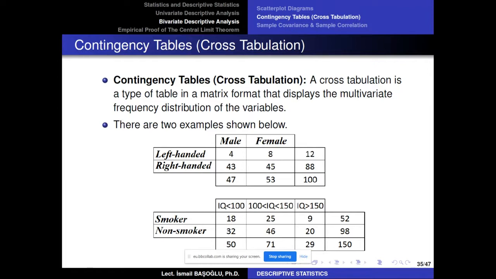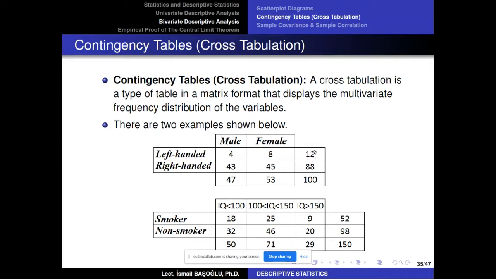Now, how can we discover this relationship by looking at this data? You see, we have a 2 times 2 matrix here, and the rows of this matrix are not dependent on each other. For example, we have a ratio between male and female people among left-handed people, 4:8.